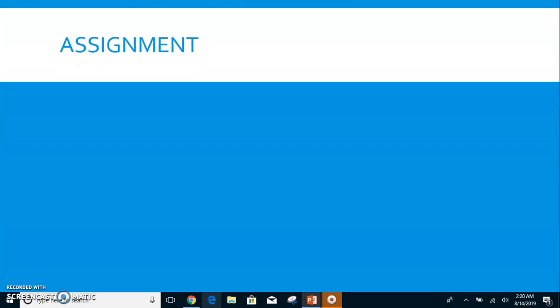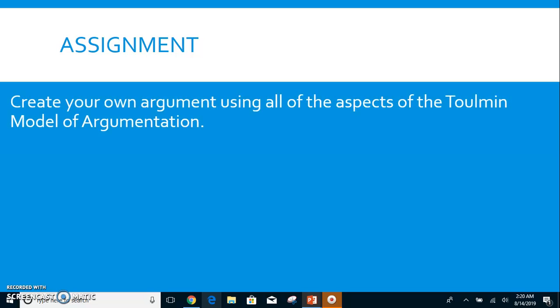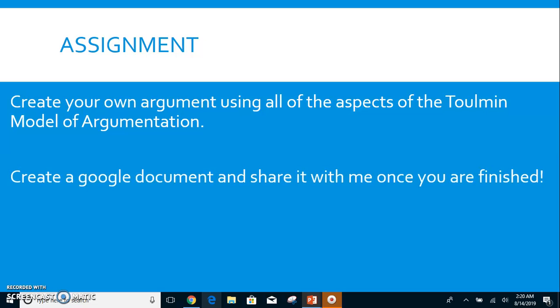So for homework or your assignment today, what I want you to do is create your own argument using all the aspects of this Toulmin model of argumentation. That is what we just did. So the claim, grounds, warrant, backing. I want you to have those 4, okay? Because what you're going to do is create a Google Doc and share it with me once you are finished. So create a Google Doc, create your own argument, make a claim, back it up with some grounds or evidence.